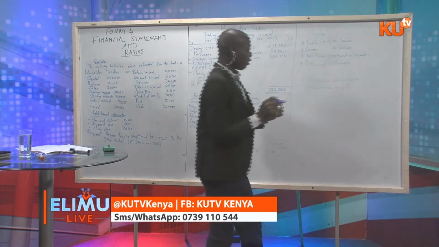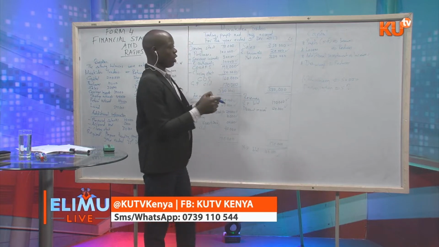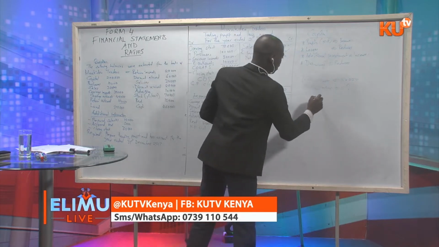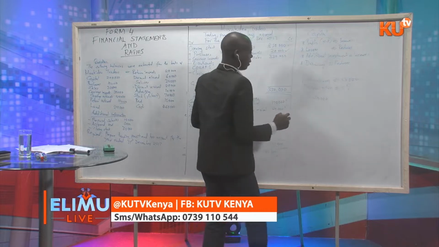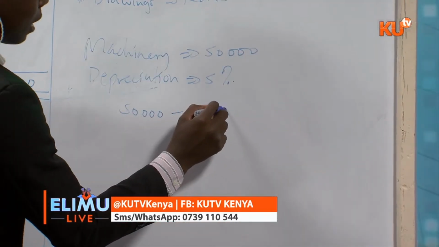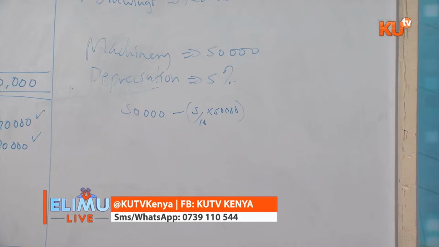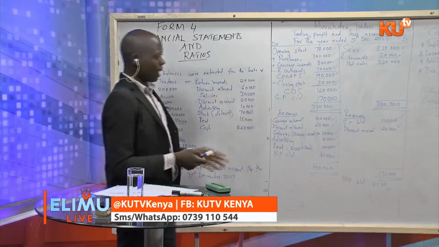Then to transfer machinery to the balance sheet, because that is an asset, you take the balance of the machine, 50,000, minus 5% of 50,000. That is what you'll enter in the balance sheet: 50,000 less 5%.